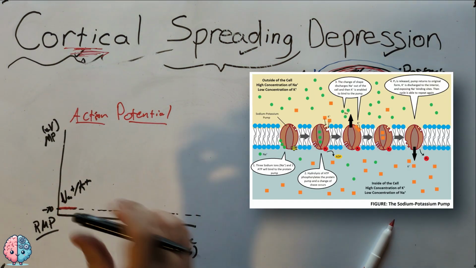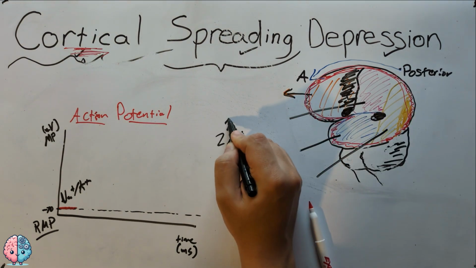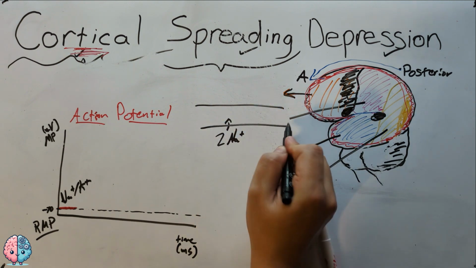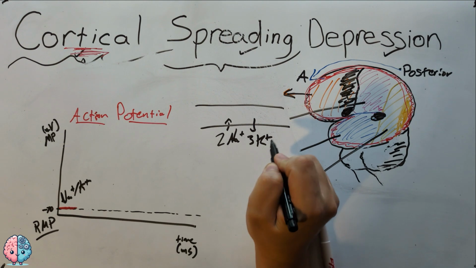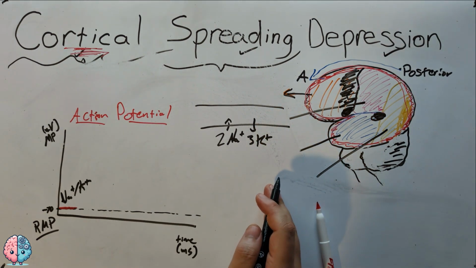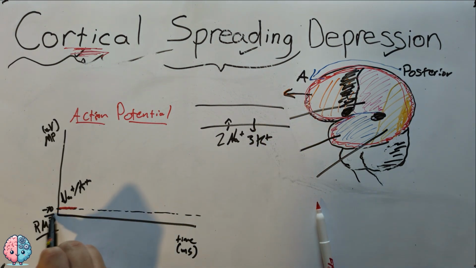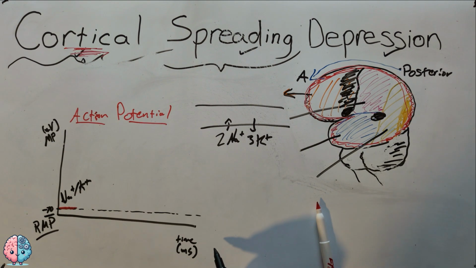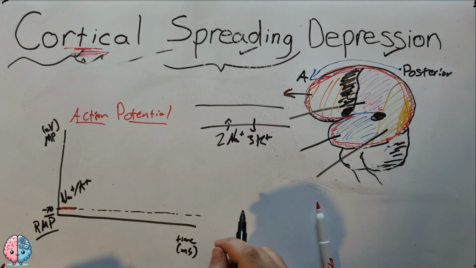By doing this, it allows 2 sodium to go in, let's say this is the neuron here, for every 3 potassium that comes out. So you have more positive coming out than positive going in, and therefore you have a negative membrane potential, okay? Also, there's leak channels involved, but let's keep it simple for this lesson on cortical spreading depression.